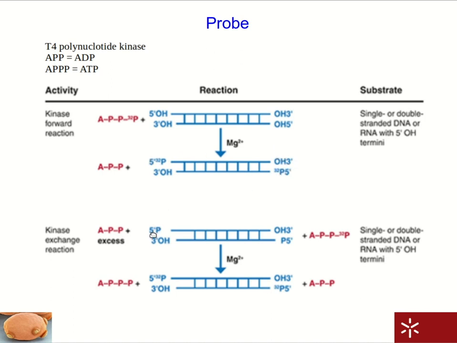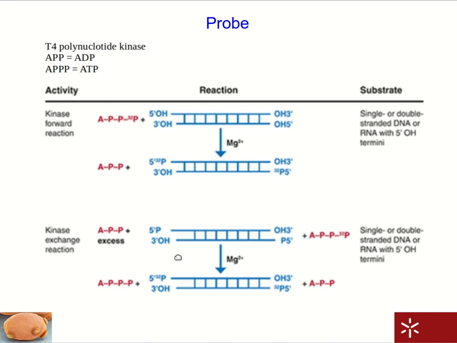Even if our molecule already has 5' phosphate, we can still use the method if we add an excess of ADP in the mixture, along with the radioactive ATP, because the polynucleotide kinase can transfer not only phosphate from ATP to DNA, but also from DNA to ADP.